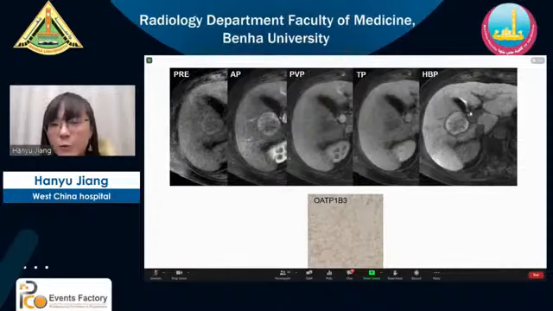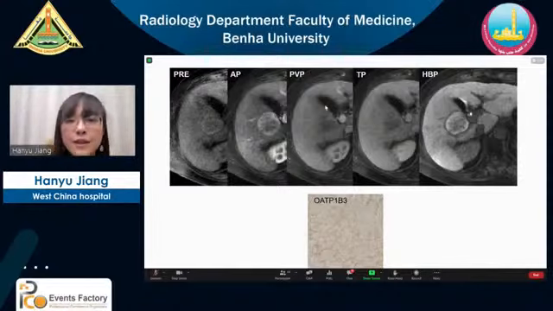We may find these observations difficult to differentiate from focal nodular hyperplasia, FNH. So it's important to evaluate other sequences, because for FNH, the portovenous phase and transitional phase images of the mass should be hyperintense relative to the surrounding liver. But for this patient, the observation appears hypointense on the HBP and TP images. So it's more likely to be an HCC instead of an FNH.